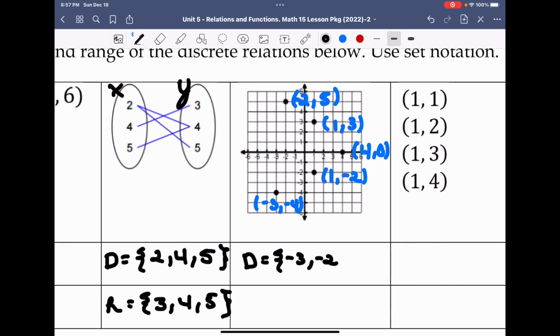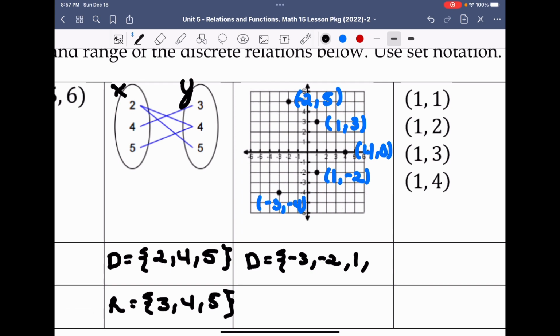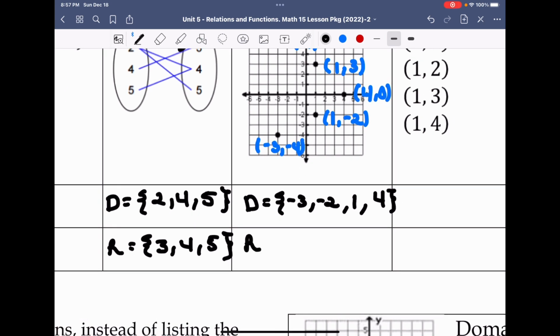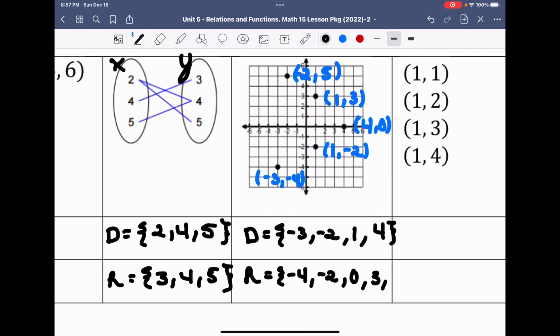Thus, we're just going to put one of those 1s and move on because we don't want to repeat the same value. And now we say 4 for our last value. Range: we're going to put all the y values for each of those. So my first y value, or the lowest value, would be negative 4, then negative 2, then 0, then 3, then finally all the way up to 5.